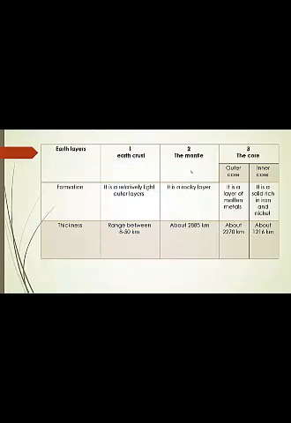The outer core is a layer of molten metals about 2,270 kilometers thick, and the inner core is a solid rich in iron and nickel metals, and its thickness is about 1,216 kilometers.